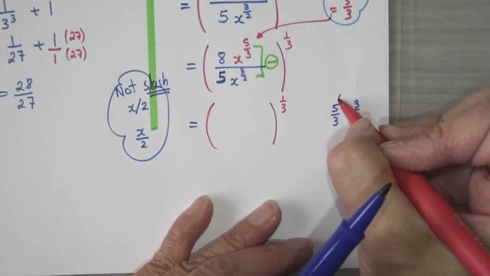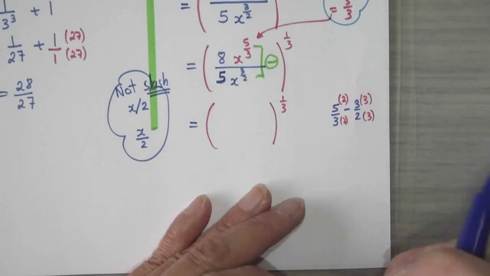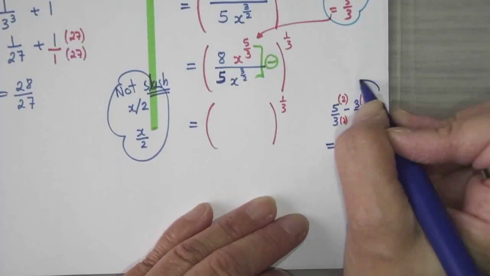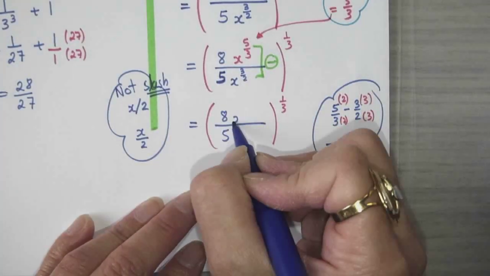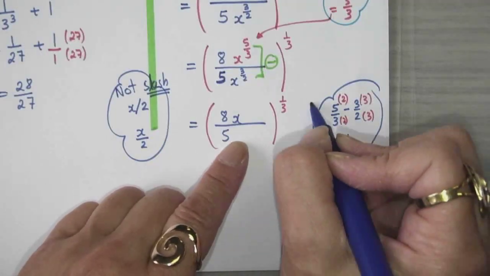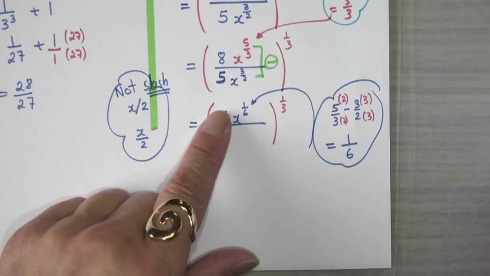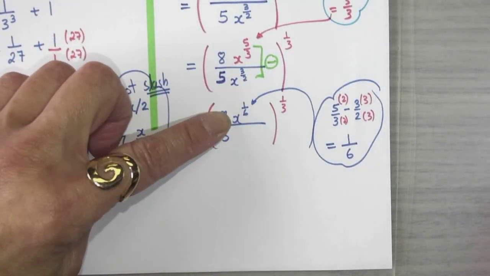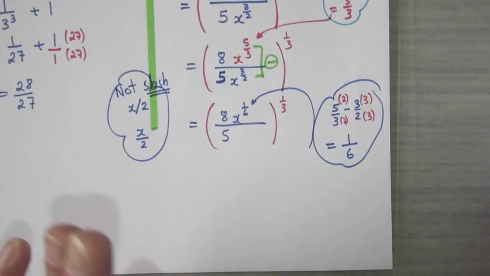Lowest common denominator, so 2 and 3. That would be 10 minus 9, so it's 1 over 6. Again, that is to get this fraction. And remember, we asked last time, you put it on the top. When you do the subtraction, you always write it on the top. So if I go 5 over 3 minus 3 over 2, I write my answer on the top, not the denominator. Okay, I'm done now.